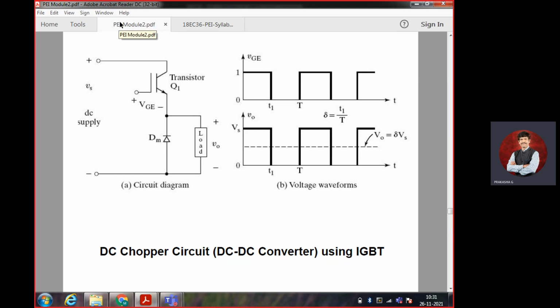So to find V naught average, whatever voltage I am getting should be checked against how much time it is switched on and how much total time it takes. That is VDC multiplied by the on time divided by total time.